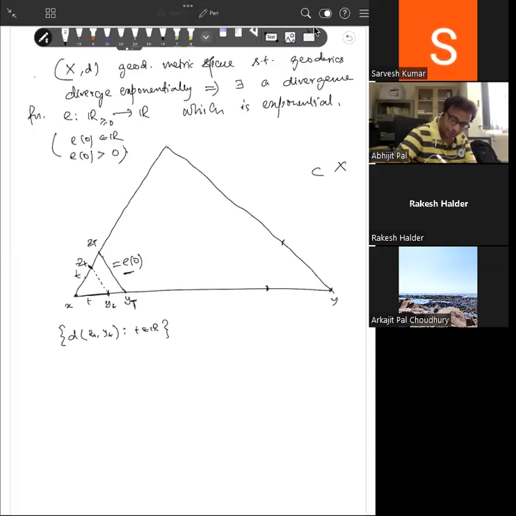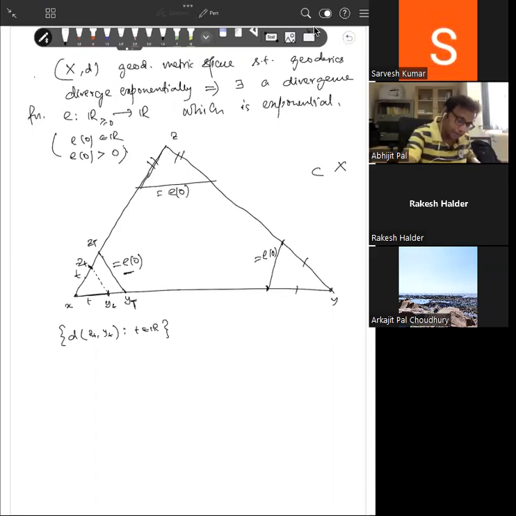There exists some point such that this distance is the same as this distance, and this distance is exactly equal to E. Okay, all right.